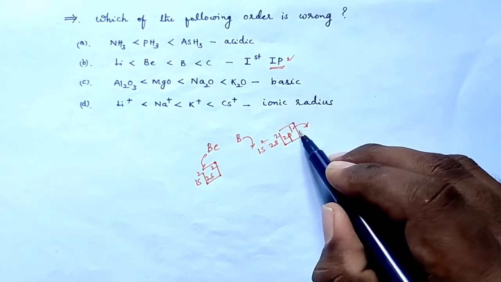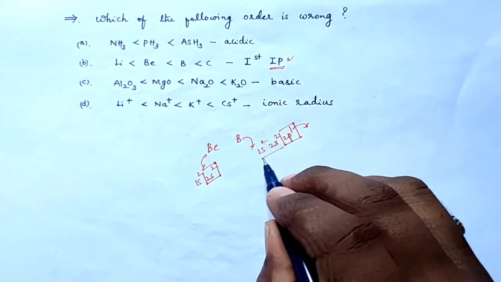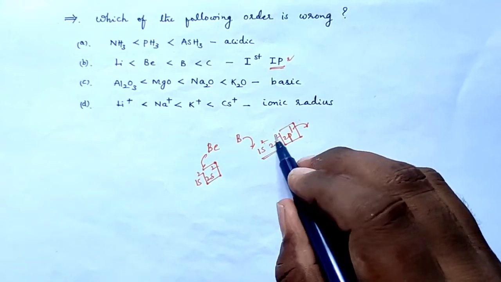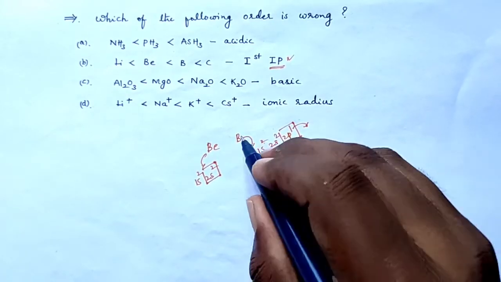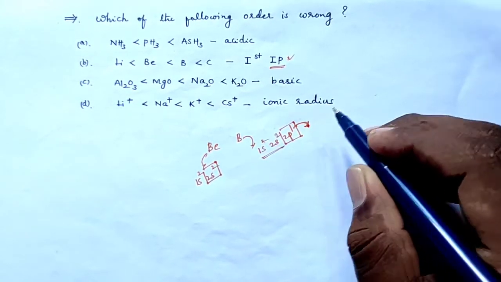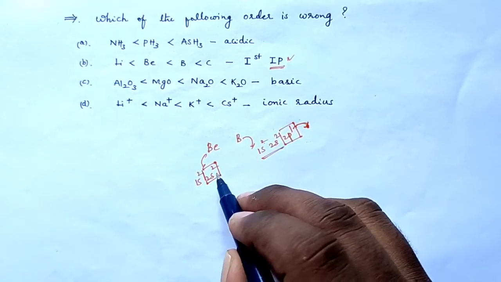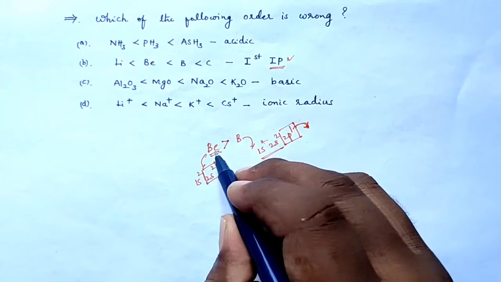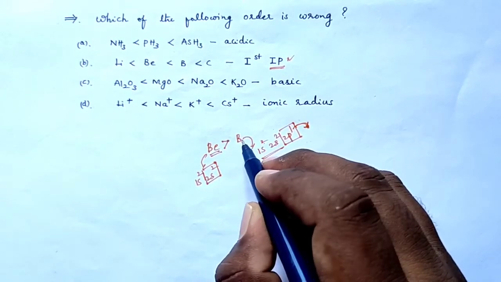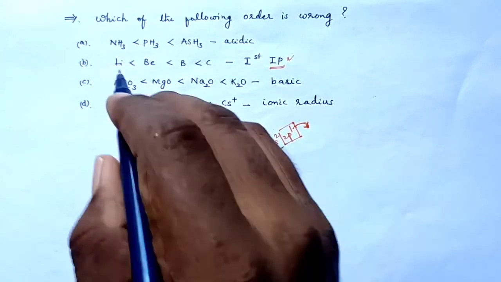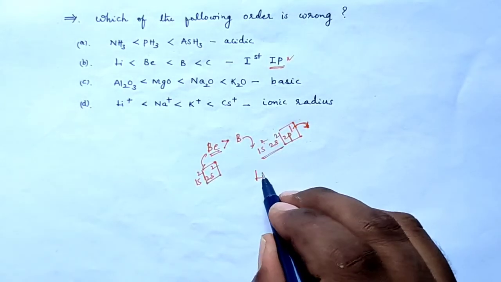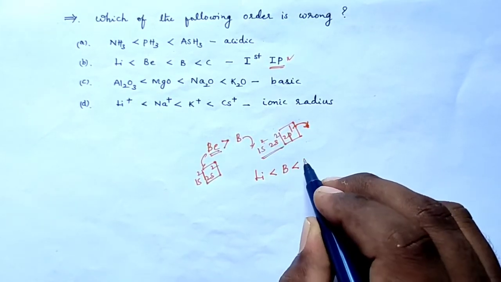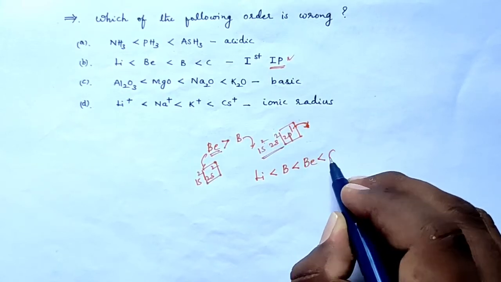If boron loses this electron, it attains beryllium's electronic configuration, with a completely filled s orbital in its valence shell. So we can remove this electron very easily when compared with the s electrons of beryllium. So beryllium has high first ionization enthalpy when compared with boron. So the correct order is lithium is less than boron is less than beryllium is less than carbon.